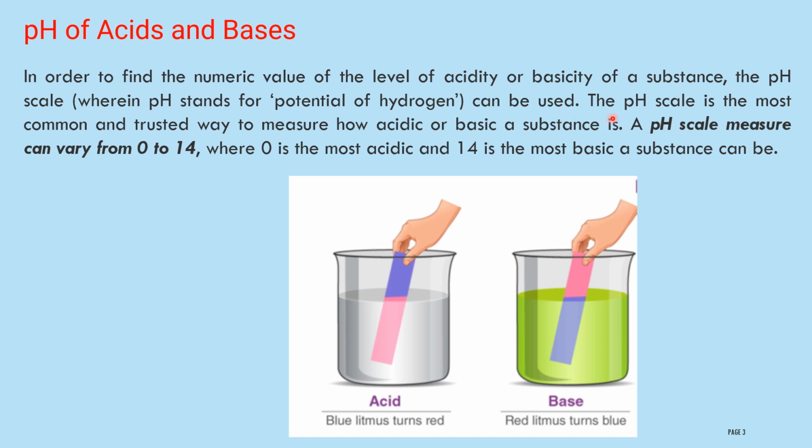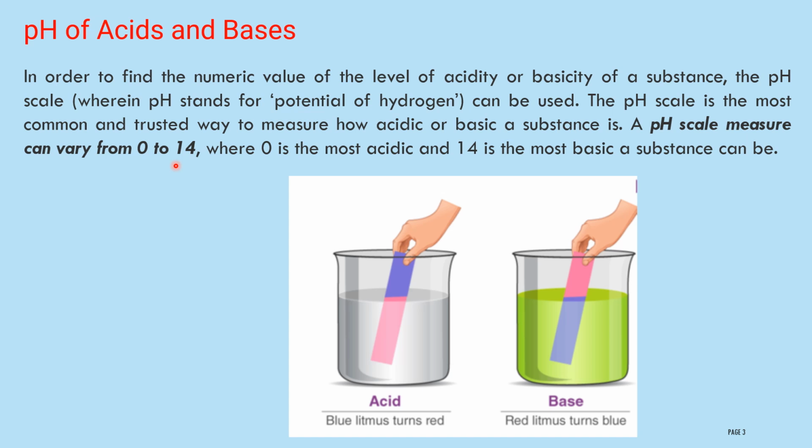The pH scale is the most common and trusted way to measure how acidic or basic a substance is. A pH scale measure can vary from 0 to 14. The starting value is 0 and the ending value will be 14.